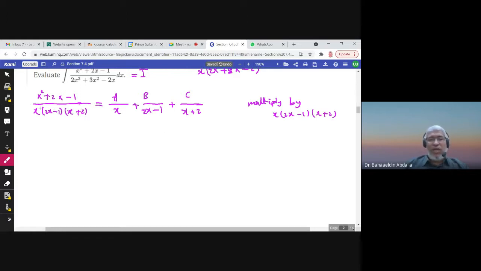When I multiply the left-hand side by this, it will cancel with the denominator, and I will have x squared plus 2x minus 1.